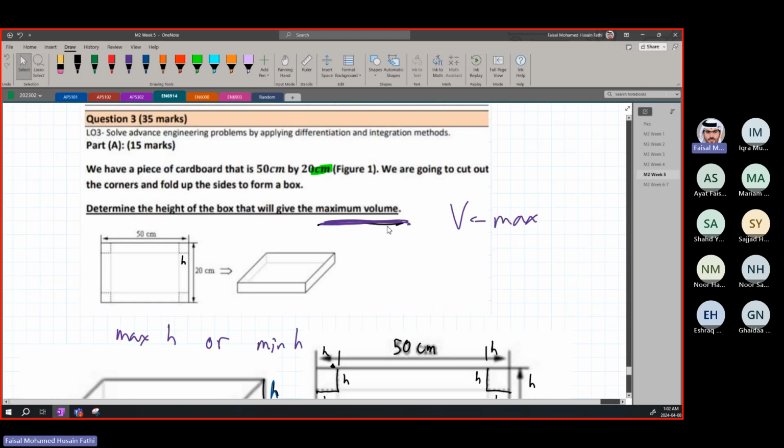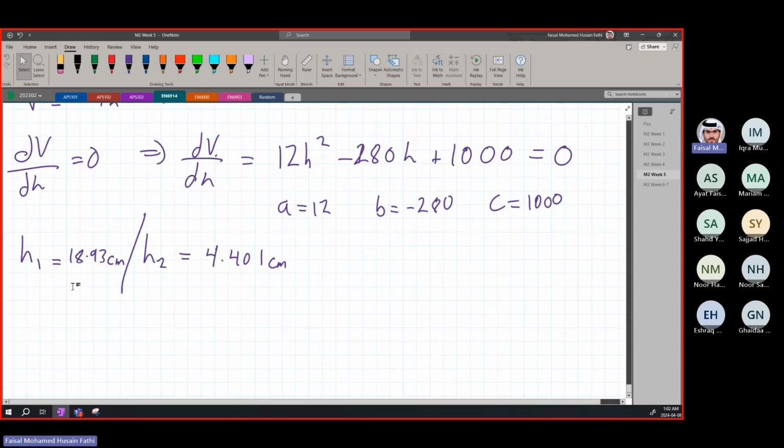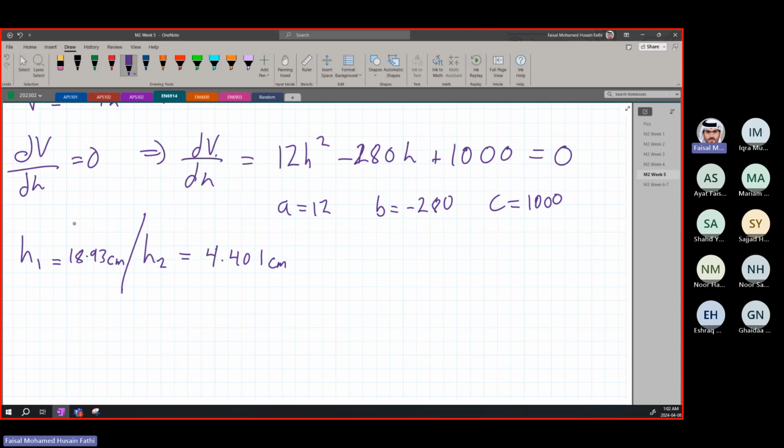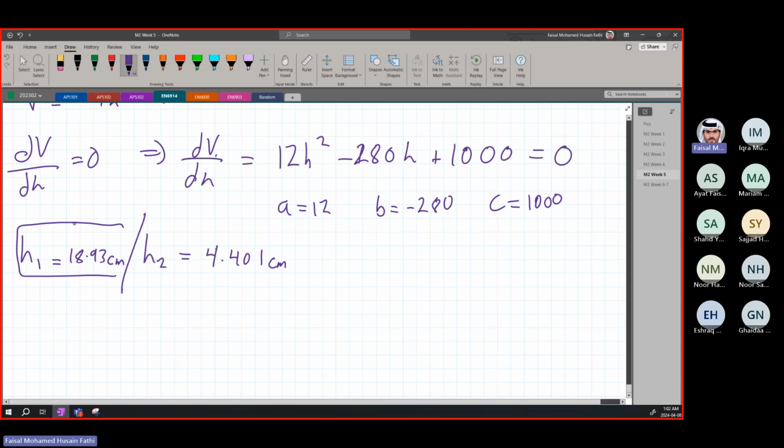So the question is asking for what? It will give the maximum volume. The maximum volume is when the height is at a maximum. So H1 will be the accepted value.